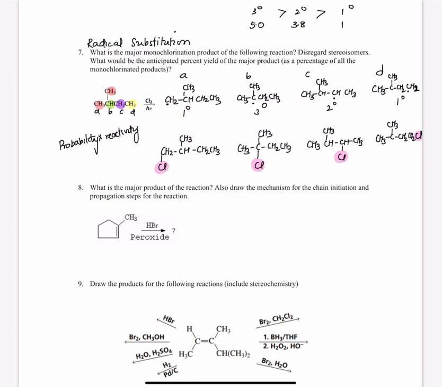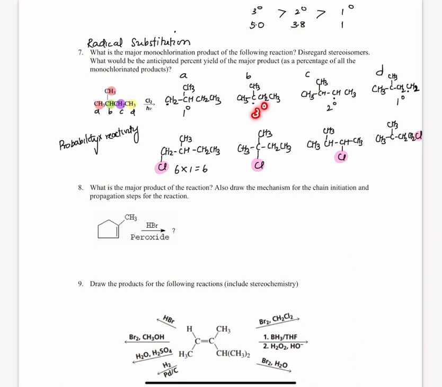What's the probability for it to create that primary radical? There are 6 hydrogens that can be abstracted, right? So the probability is 6, and we are going to multiply it with the reactivity of the primary radical. The primary radical has a reactivity of 1, so we multiply by 1. So that's going to be equivalent to 6.